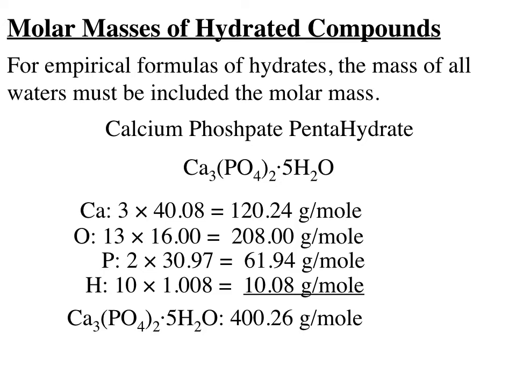There are a total of 10 hydrogens, because in 5 water molecules, each water molecule having 2 hydrogens, that gives 10 hydrogens. And then I just total all those things up, and I get a whopping 400.26 grams if I want to weigh out an Avogadro's number of calcium phosphate pentahydrate molecules.